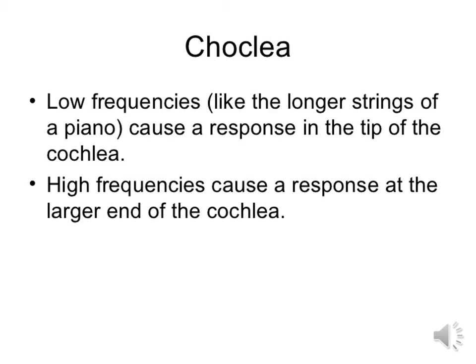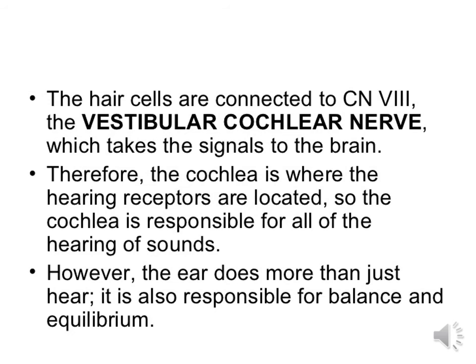In the cochlea, lower frequencies, like the longer strings of a piano, cause a response at the tip of the cochlea. High frequencies cause a response at the large end of the cochlea. We have hair cells for lower frequencies and for higher frequencies.